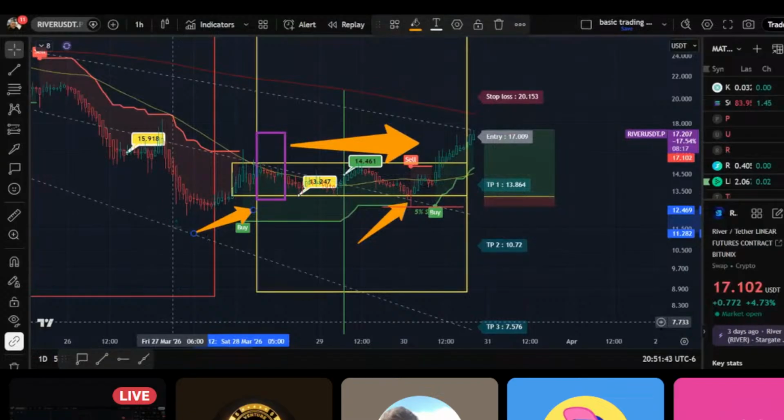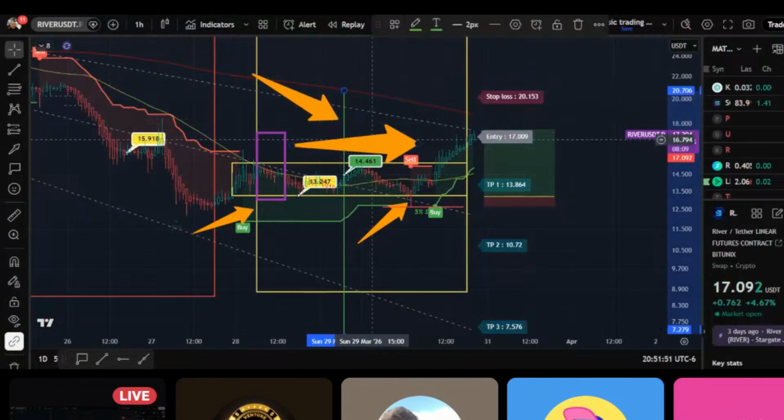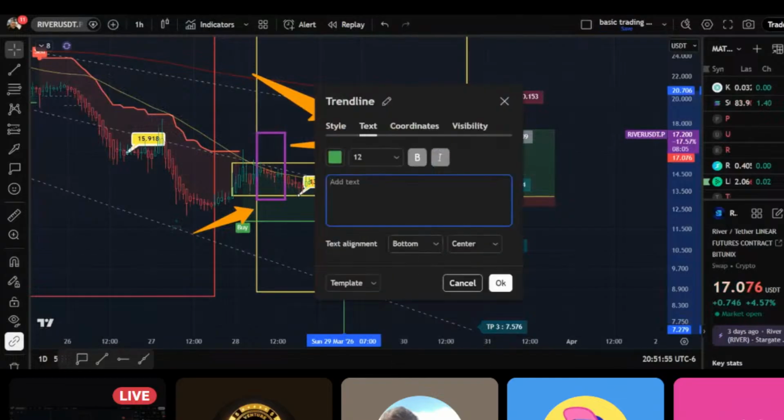So now that we have a 4-hour green moon, we have to wait for the next trigger, which is going to be this line right here. This line is where we have a 1-hour green moon reset.